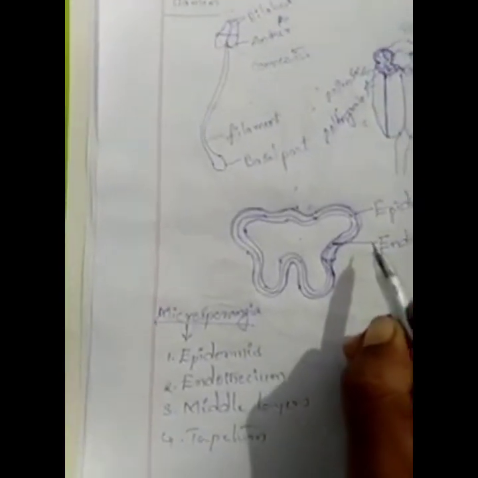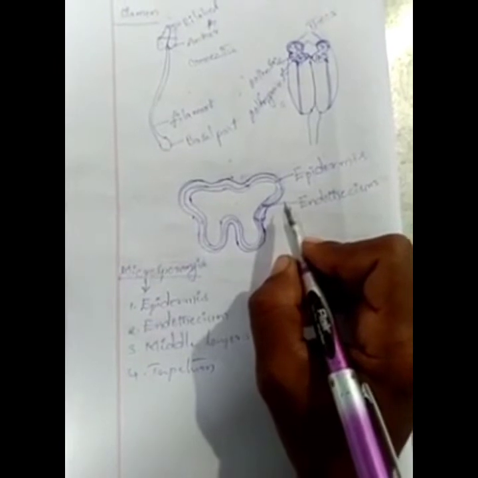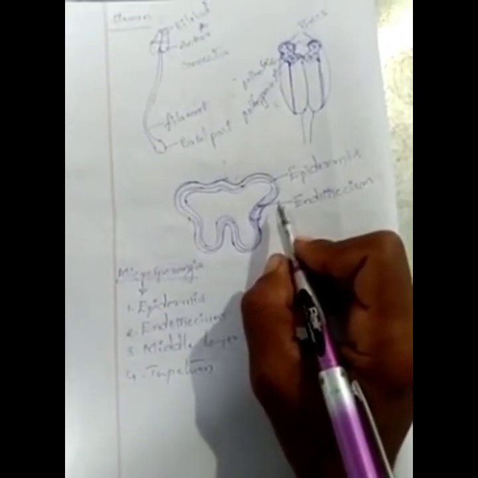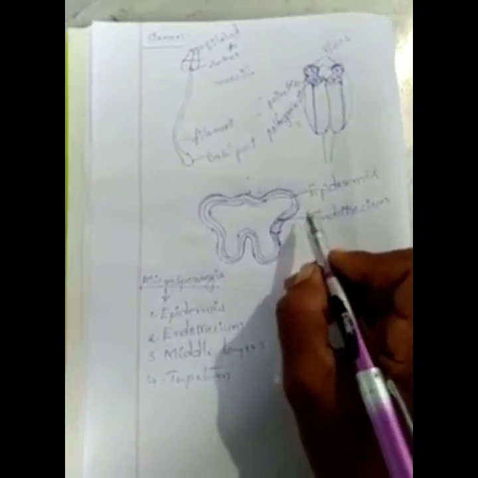And inner to this endothecium is the middle layer. The endothecium is also in uninucleate condition, and has a single layered structure.